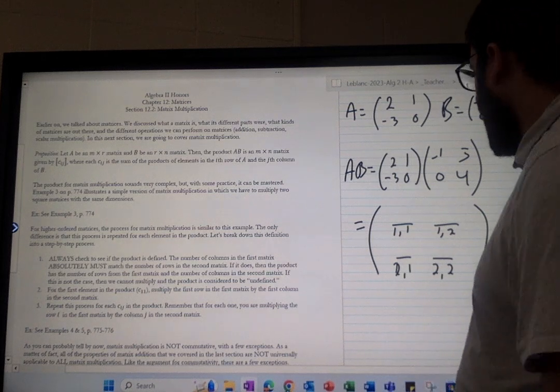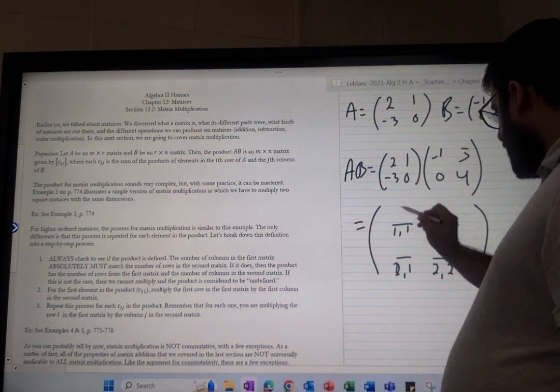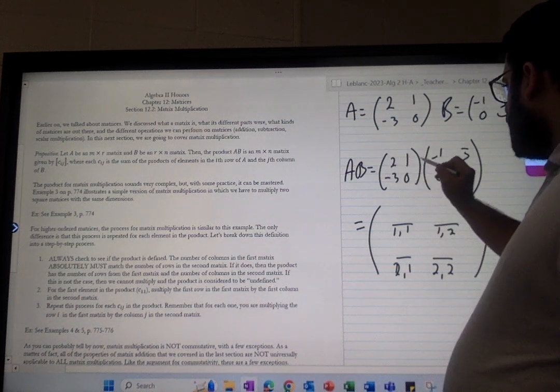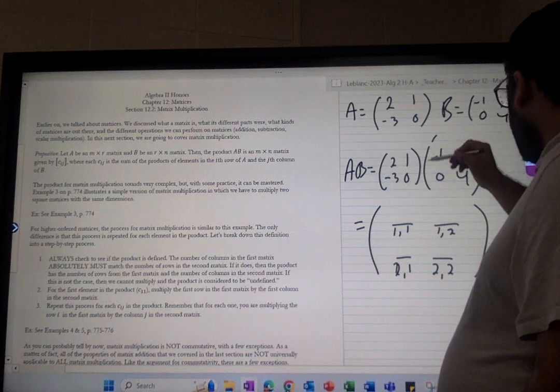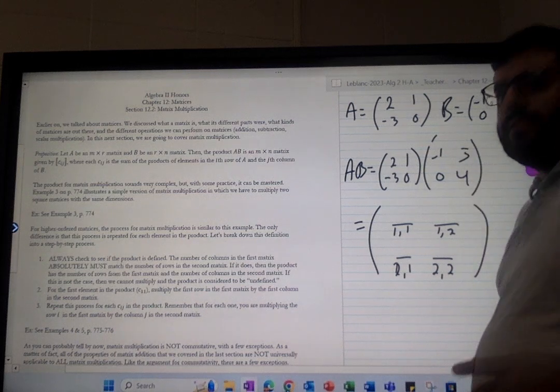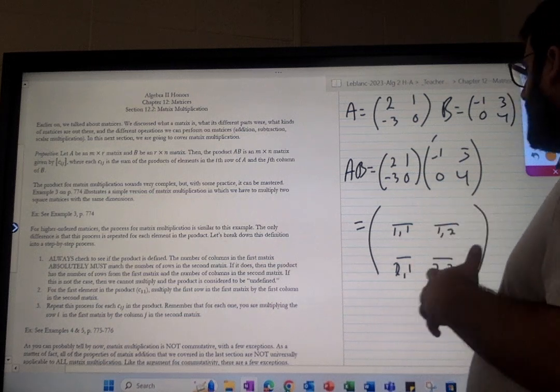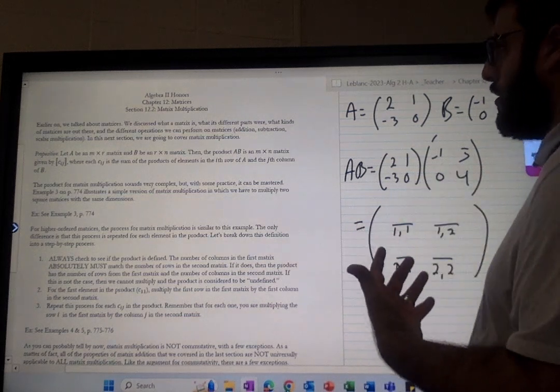Now, what am I going to do with that? I'll give you an example. For this first space, I'm going to take the first row in A and the first column in B. I'm going to multiply each pair of elements, and add them together in order.